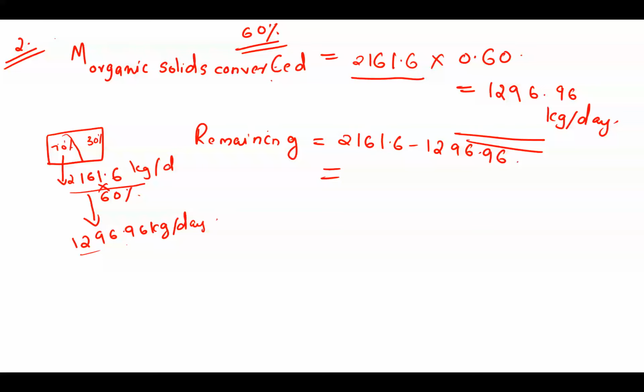The answer is 864.64 kg per day. And then the question is we have to calculate the total dry solid mass remaining after the digestion.